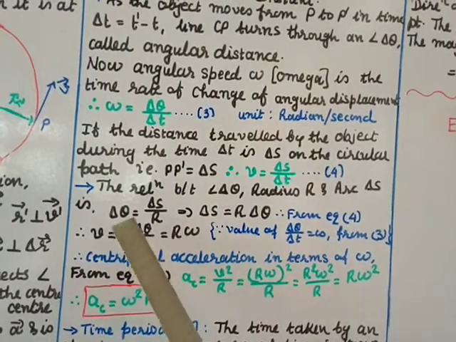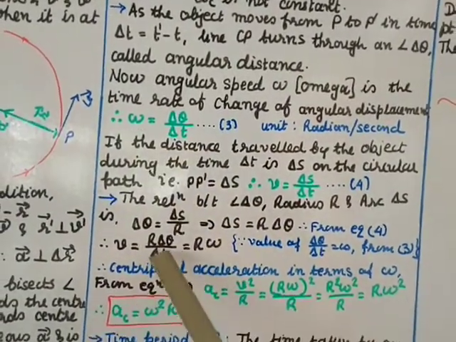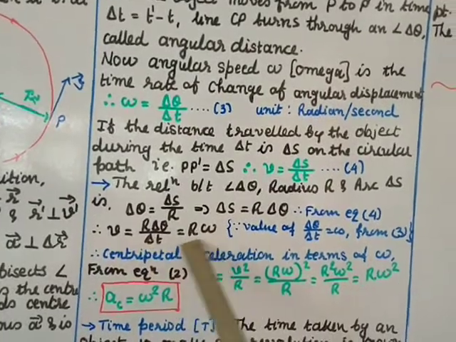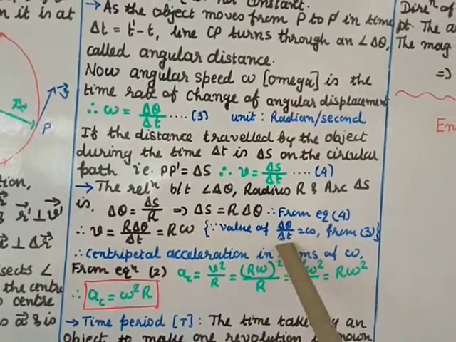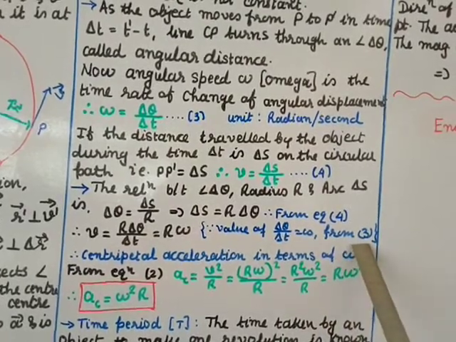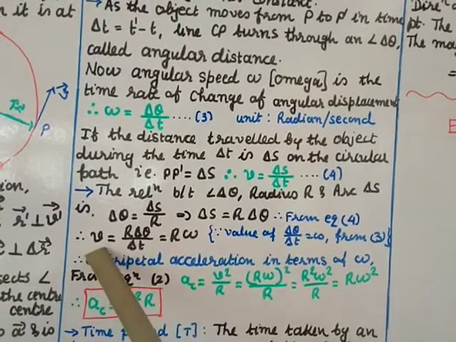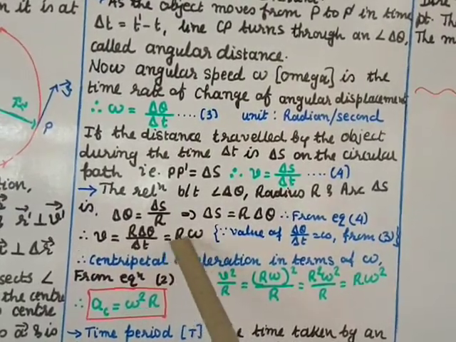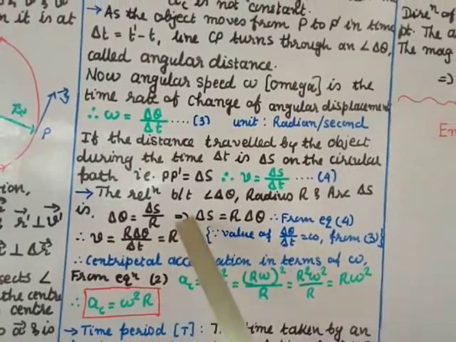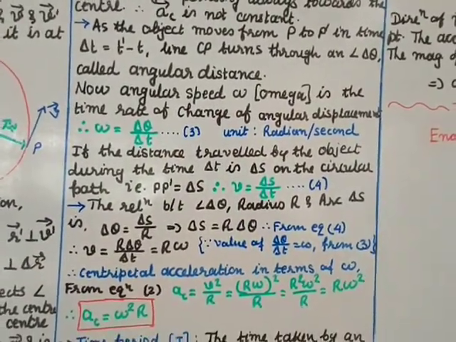But from equation 3, delta theta by delta t is omega. So v is equal to r into omega. This is the linear velocity or linear speed, r omega, where r is the radius and omega is the angular speed.